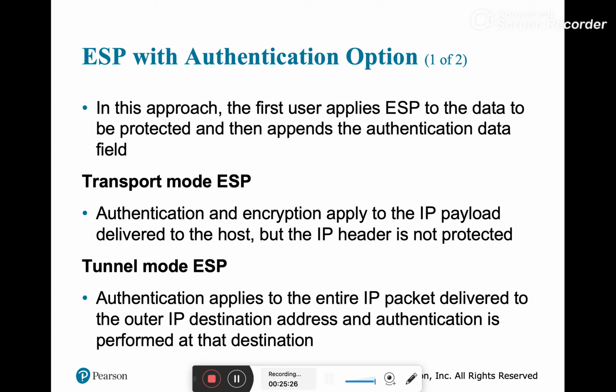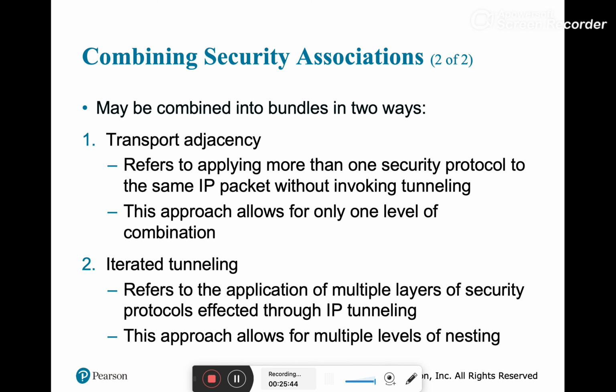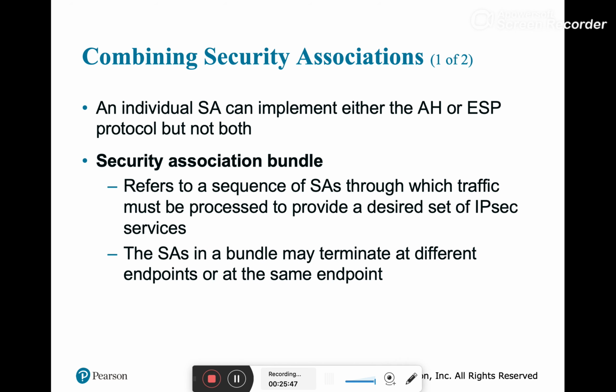One is using AH in transport mode, and the other is using ESP in transport mode. So we create a bundle: when you are using more than one security association, that is called a bundle. Like the definition here, a sequence of security associations through which traffic must be processed to provide a desired set of IPsec services.